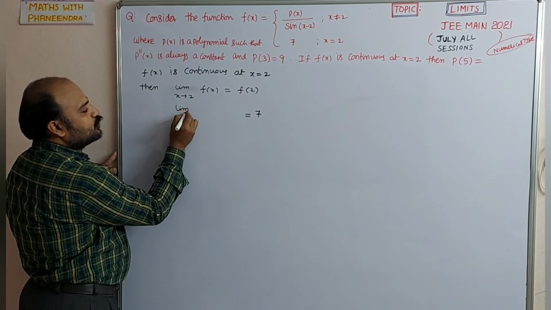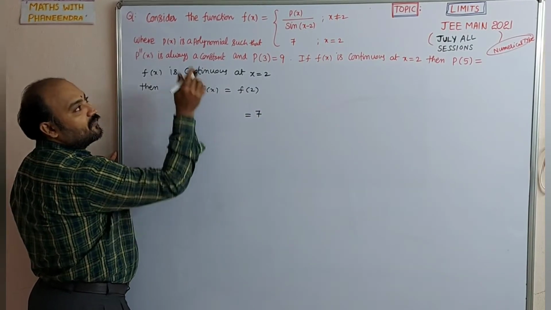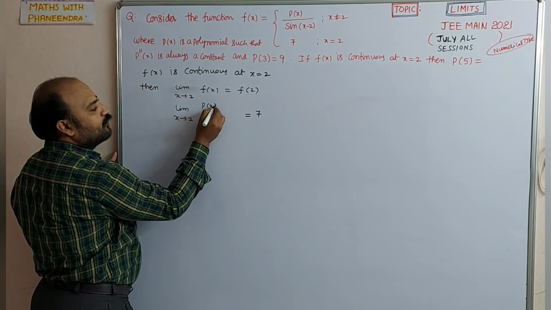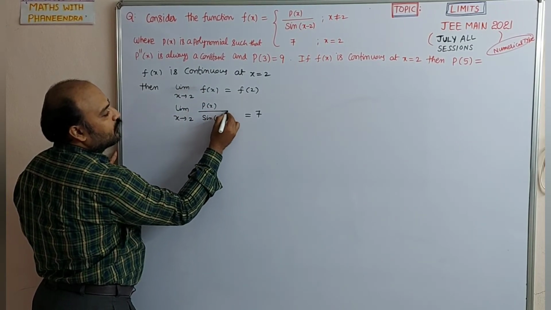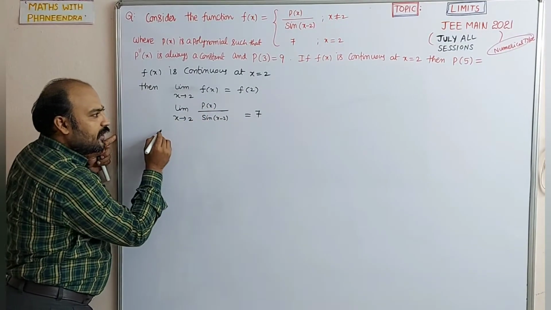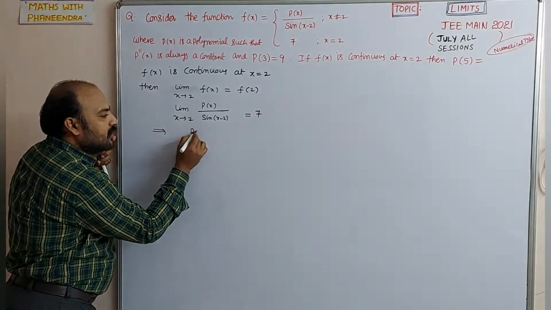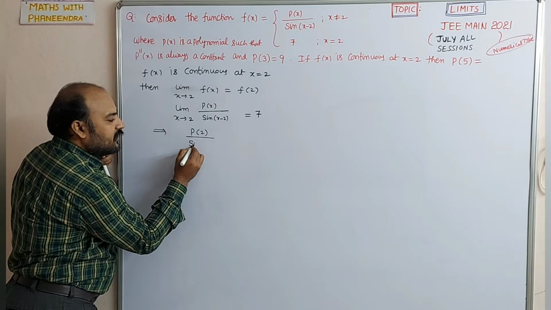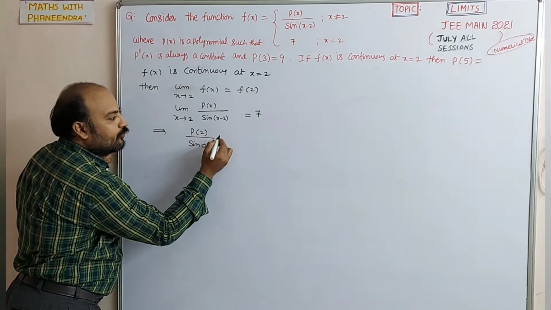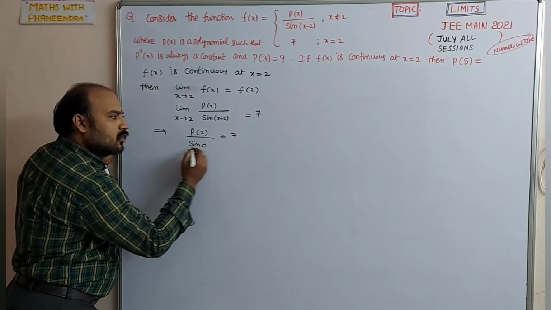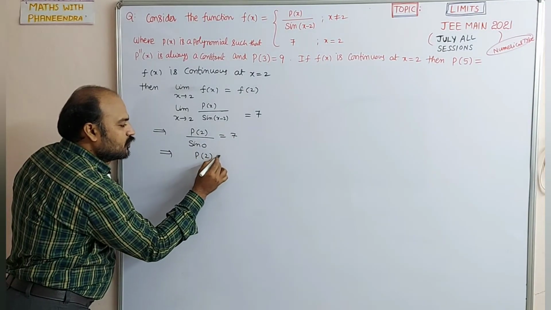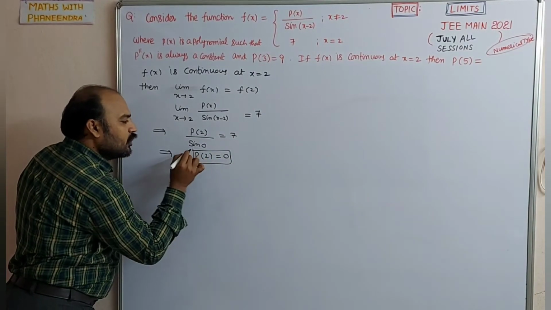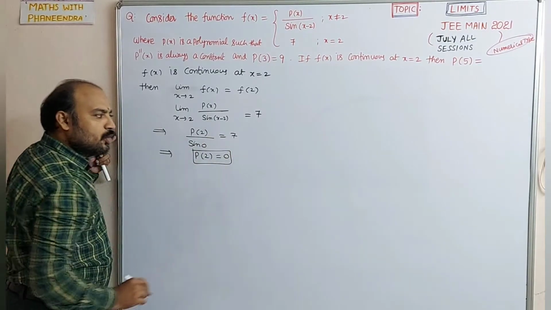Limit x tends to 2, p of x by sine of x minus 2. Substitute x is equal to 2 directly. So what happens? P of 2 by sine of 2 minus 2, sine 0 is 0, cross multiply. So p of 2 value goes to be 0 into 7, which is 0. So p of 2 value is 0.